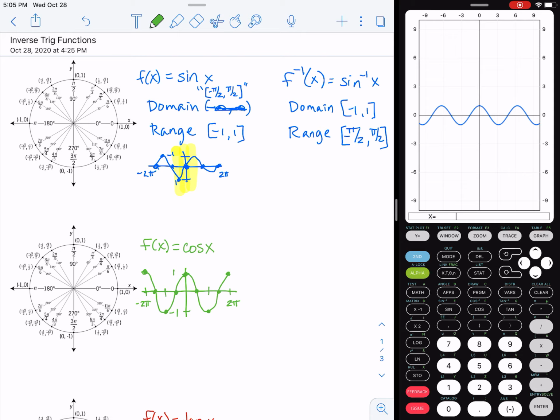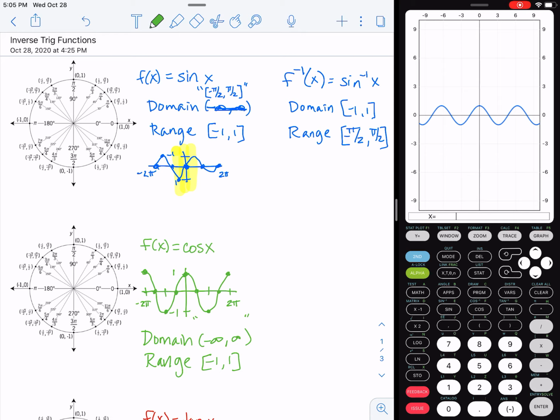So we have to restrict the domain. So let's go ahead and write that domain of the cosine function, and that's -∞ to infinity. And that range is going to be from including -1 to including 1. So we have to restrict the domain of where that's going to be a function.